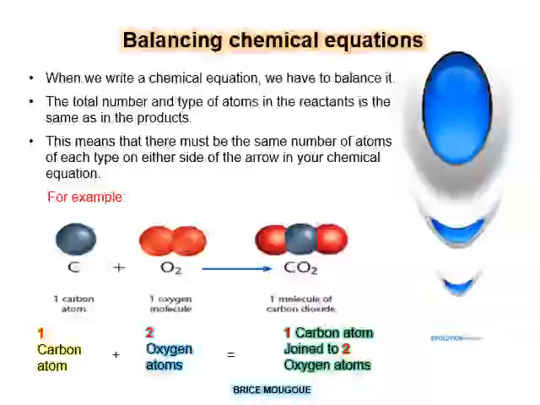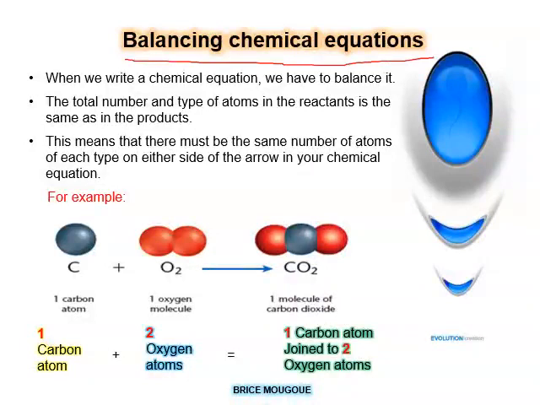So that led us to balancing of chemical equations. In this case here, we want to account for all the atoms that are getting involved in the reaction, keeping in mind that atoms are neither lost nor gained, but all must be accounted for.